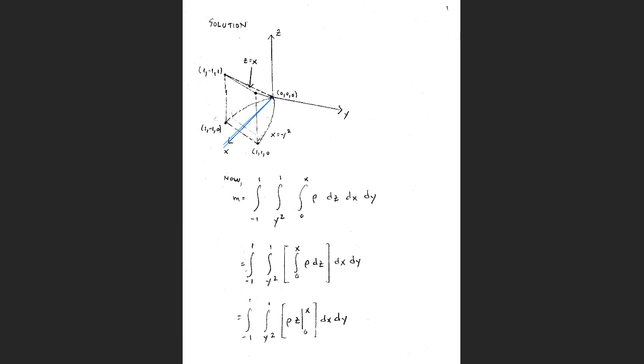In other words, the weight on the right side of the xz plane and the weight on the left of the xz plane of the solid, the mass is the same.